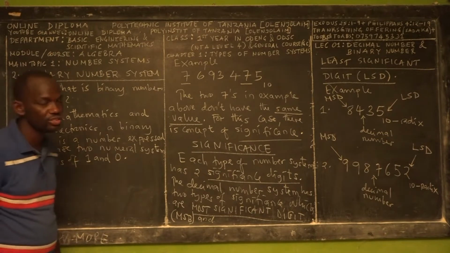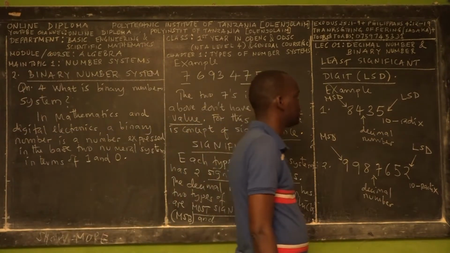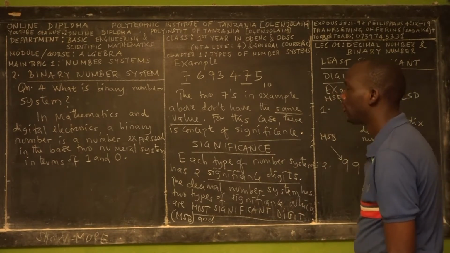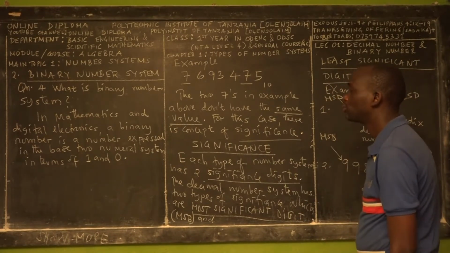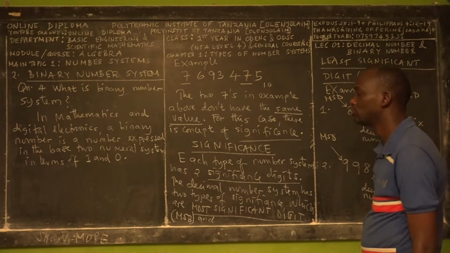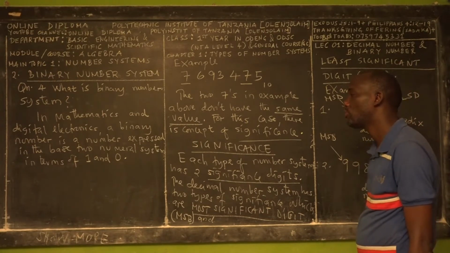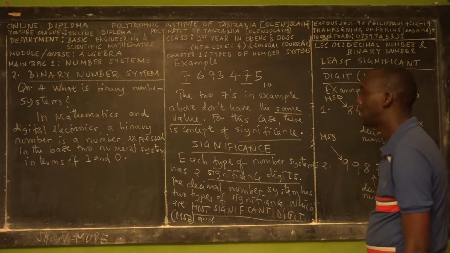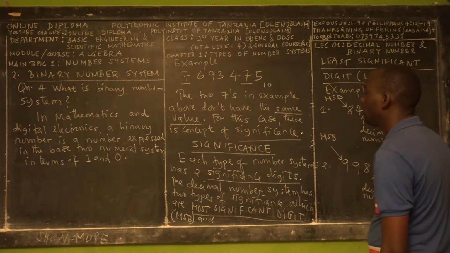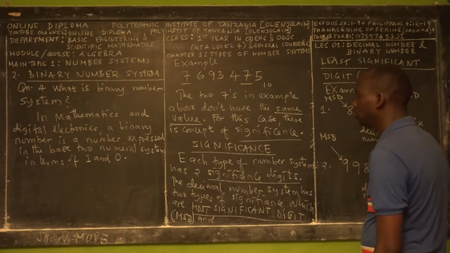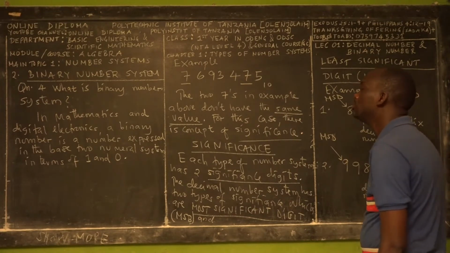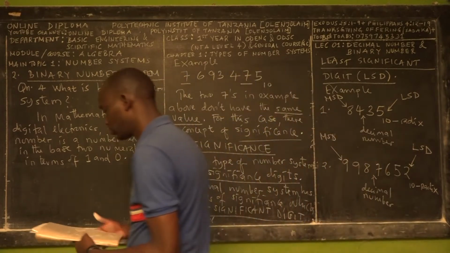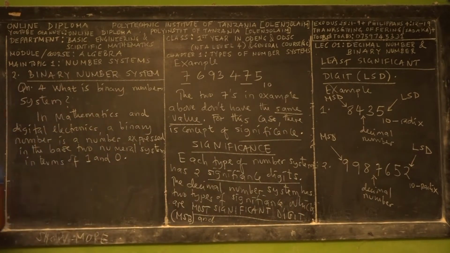These are the first definitions of binary number system. So a binary number is a number expressed in the base 2 numerical system or numeral system in terms of 1 and 0. Or binary number system is a type of number system in which a number is expressed in base 2 in terms of 1 and 0.